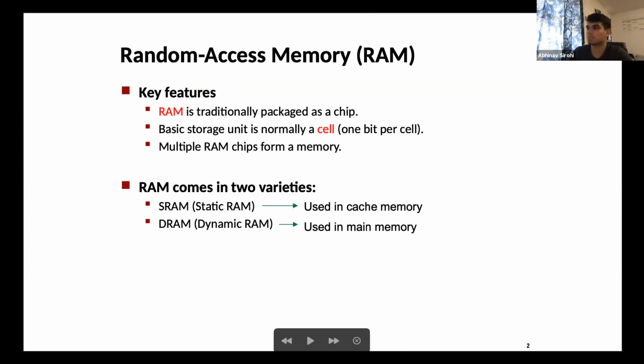Well, there's multiple types, but these are two of the broader categories: SRAM and DRAM. Static RAM is the type of RAM used in cache memory, and DRAM is the type of RAM used in main memory. Main memory is just the regular RAM that we have in our computers, but we'll talk more about cache and SRAM as we go on.